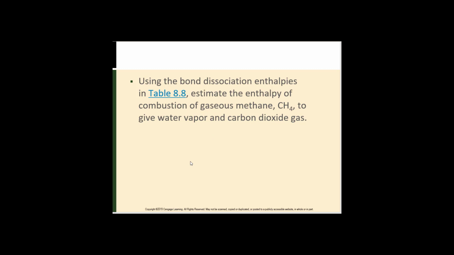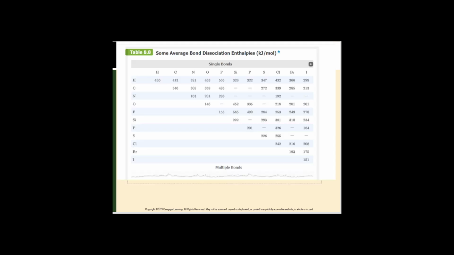CH4 plus what, to give water vapor and carbon dioxide gas? So think about what that reaction looks like. What bonds are breaking, what bonds are forming? I'm going to have you write this down. I'm going to scroll back to this table so you can get whatever data you need. So pause the video here.